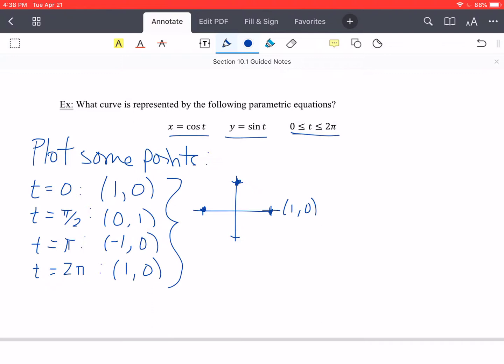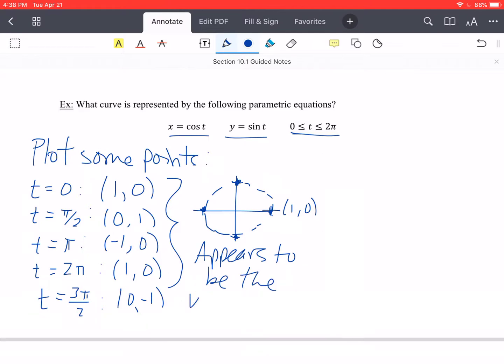If I did t is 3 pi over 2 in here, you would see we get 0, negative 1, that's down here. Okay, so hopefully you can tell what kind of shape this is, but it does look like we're tracing out the unit circle, right? So if I were to just freehand it, it looks like it's doing something like this, right? So this appears to be the unit circle.